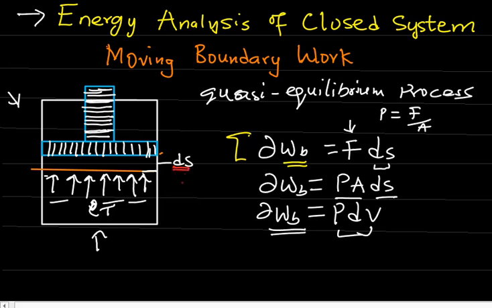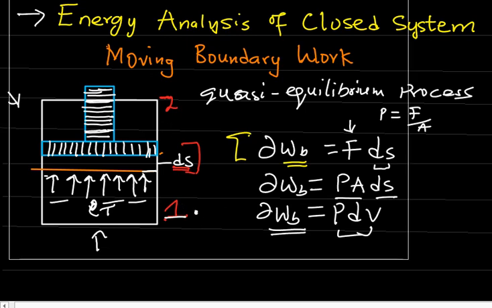But remember, the calculation is supposed to be for the entire movement from the beginning. Let's say the movement started from this point 1 to the final point where the piston moves up to the top of the cylinder. This is point 2. We are not only going to calculate for this differential work, so we have to integrate it for the entire process from state 1 to state 2.